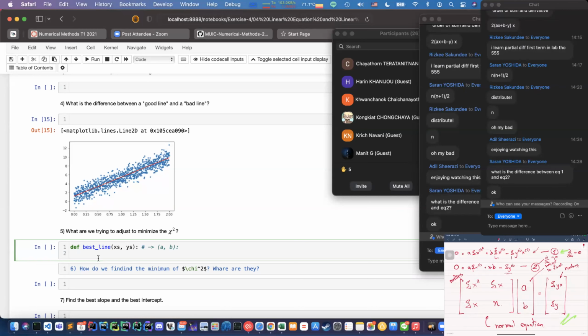Of the best line, you want to compute that matrix.